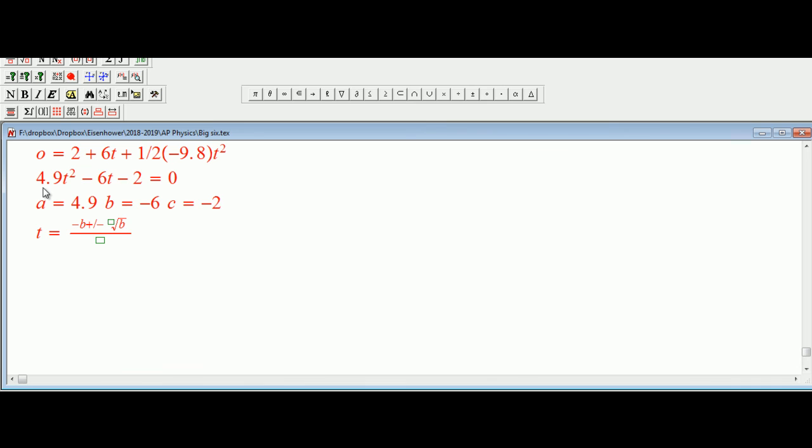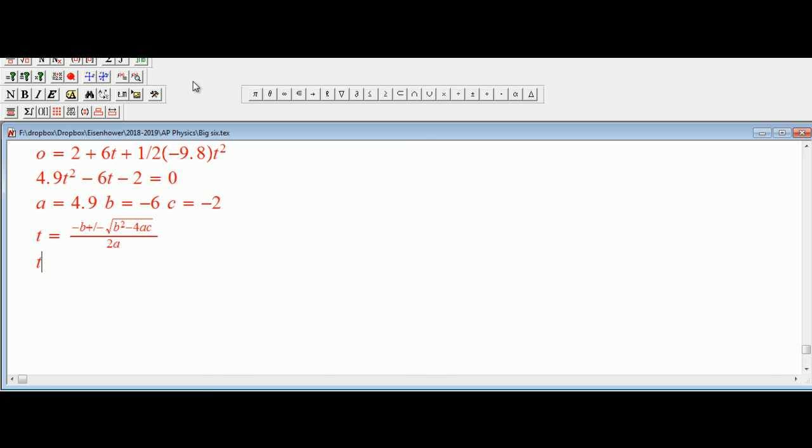That's the quadratic equation. So now when you substitute your numbers in, let's see what we get.